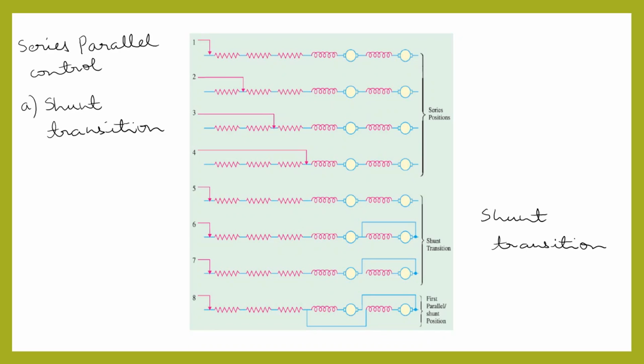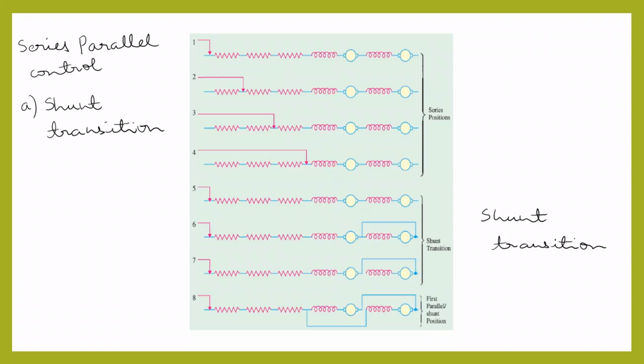The two motors are connected in series and a starting resistance is inserted. In steps 1 to 4, this starting resistance is cut off gradually while the motors are accelerated.